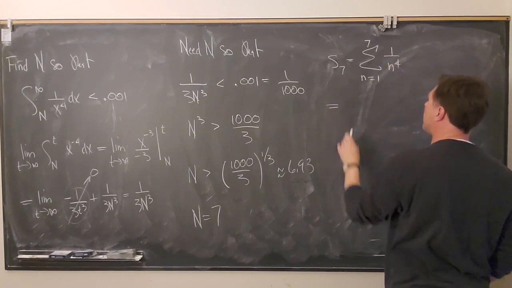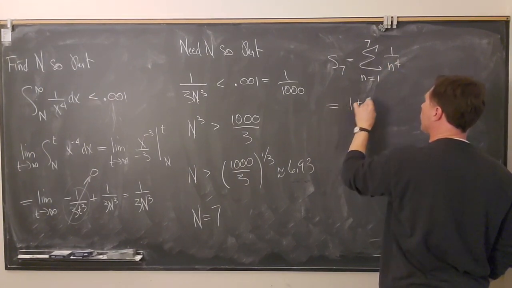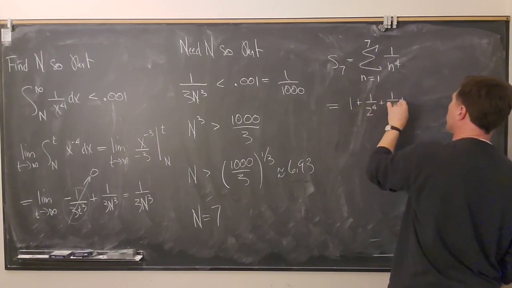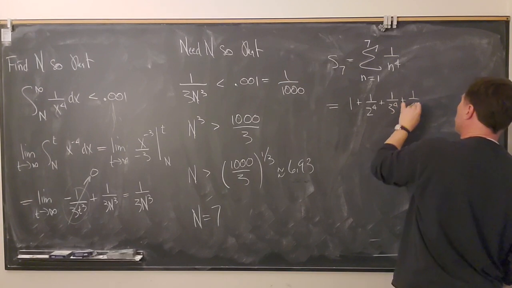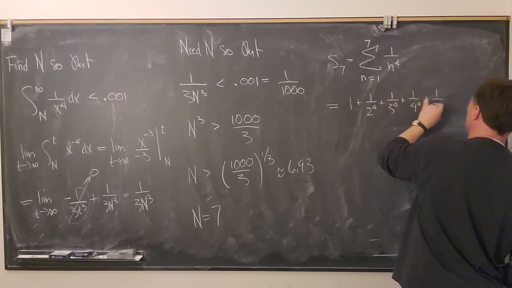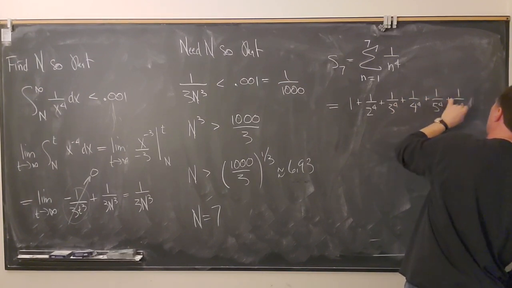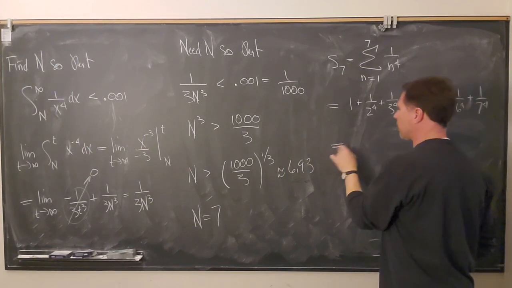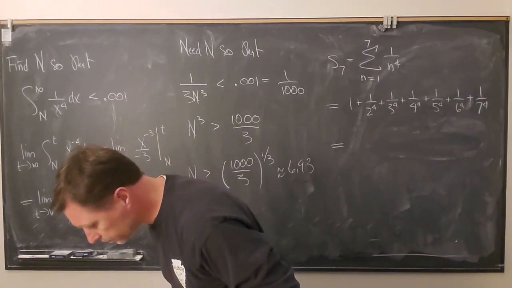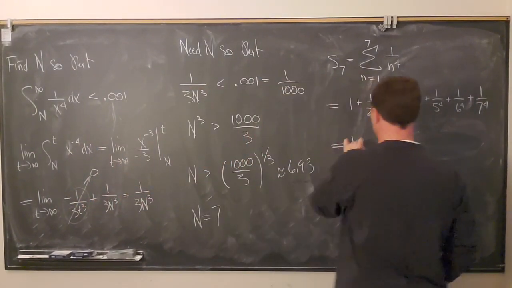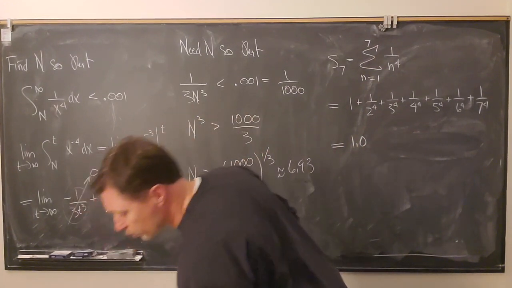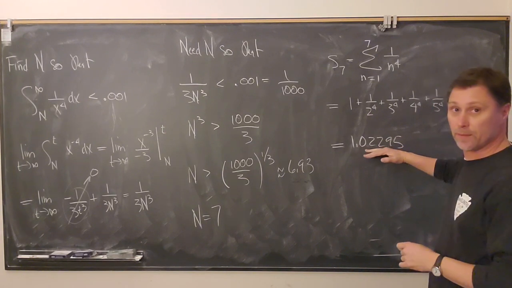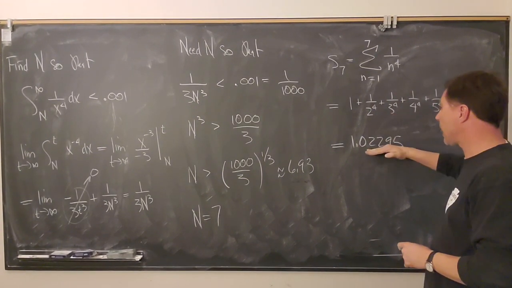It means 1 plus 1 over 2 to the 4th, plus 1 over 3 to the 4th, plus 1 over 4 to the 4th, plus 1 over 5 to the 4th, plus 1 over 6 to the 4th, plus 1 over 7 to the 4th. If you add all this together, what you get is 1.02295. So there is s sub 7, the sum of the first 7 terms.